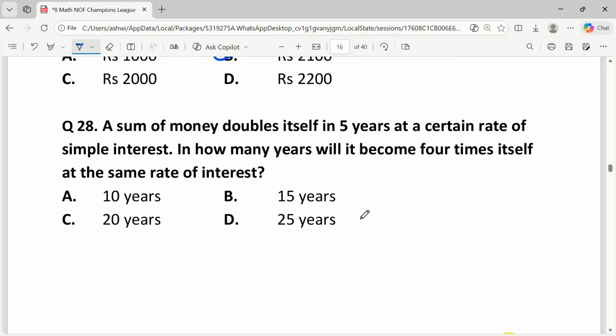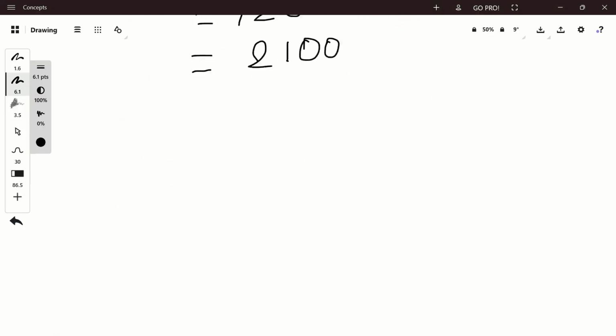Question 28. A sum of money doubles itself in 5 years at a certain rate of simple interest. In how many years will it become 4 times itself at the same rate of interest? For simple interest, the interest earned over 5 years is equal to the principal.